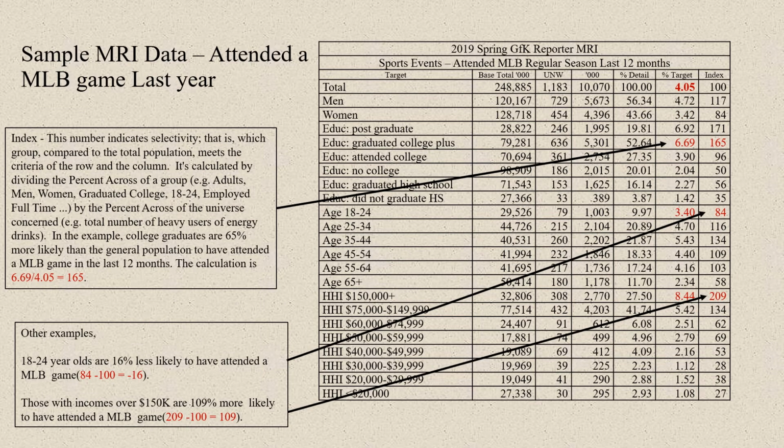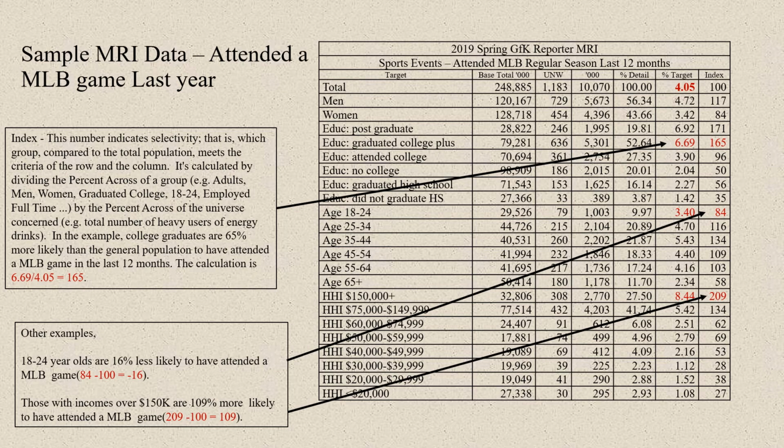And then finally, we have a number in the very last column, which is called the index number. This is also called the index of selectivity. It compares that group to the total population, and it's calculated by dividing the percentage across of a group by the percentage across of the universe.